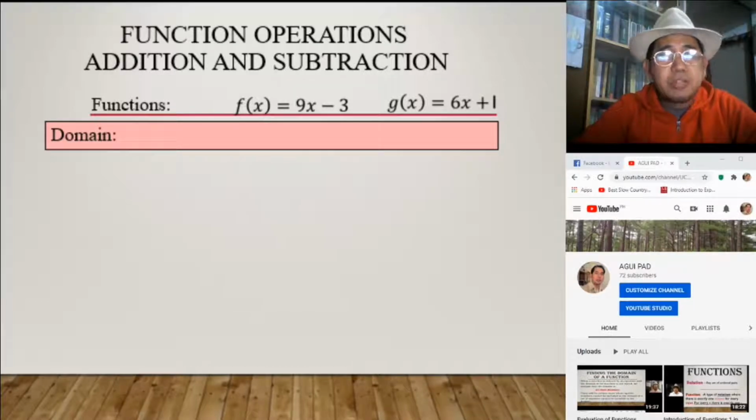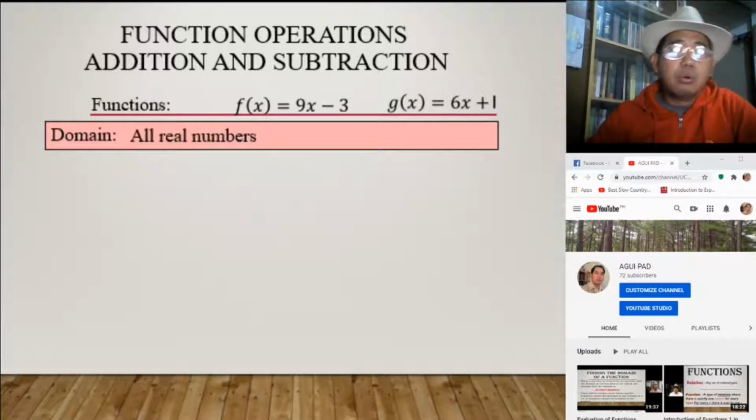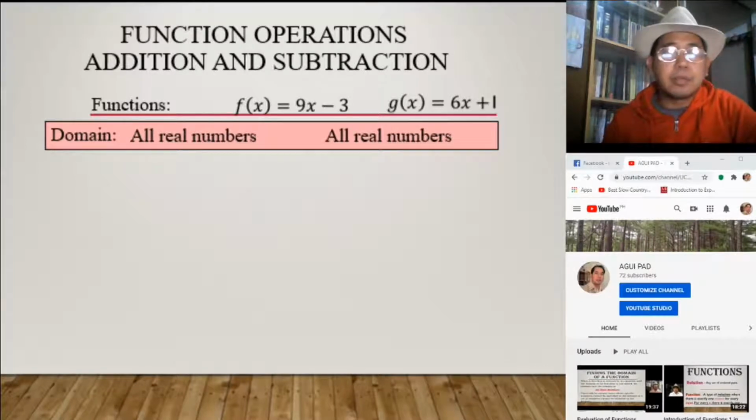We have said that generally the domain of the functions are all real numbers except when the given function dictates some certain limitation. But in our example, we do not have a limitation. So the domain of this function involved in our operations are all real numbers.